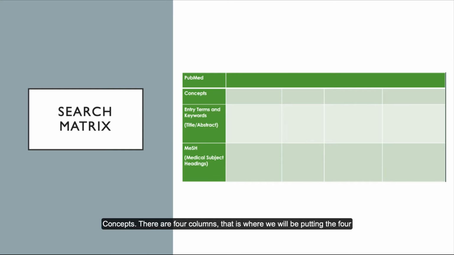That is where we will be putting the 4 different concepts from our PICO question. Beneath that, you can see we have both entry terms and MeSH terms. In a previous video, you learned about MeSH terms and entry terms and how they need to work together in order to find all of the literature that you are looking for. This is also where we will be documenting our search so that it can be reproduced and shared with others.